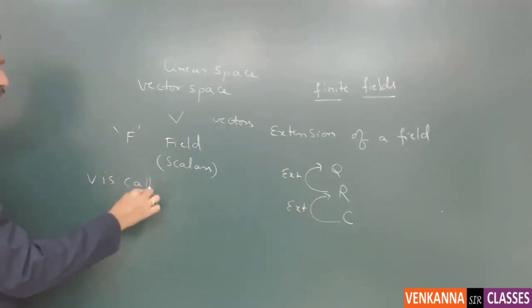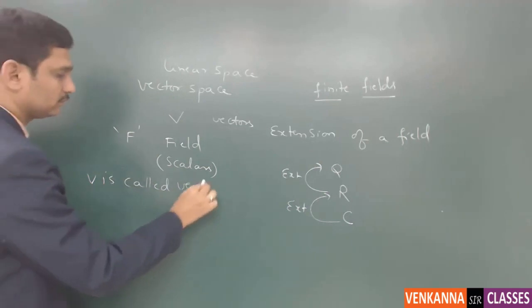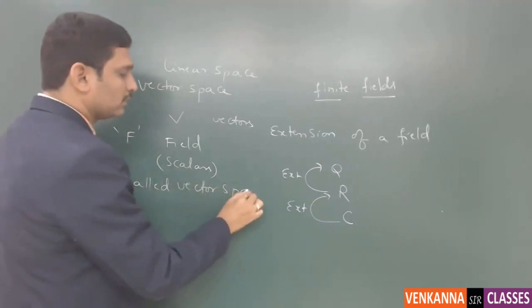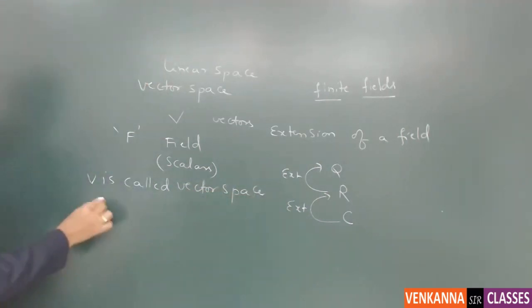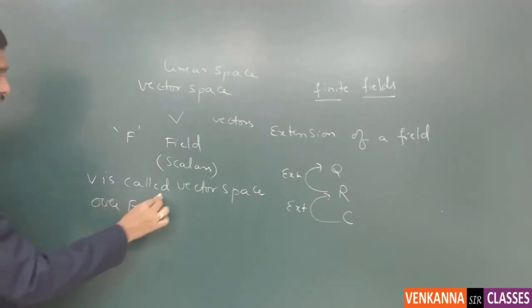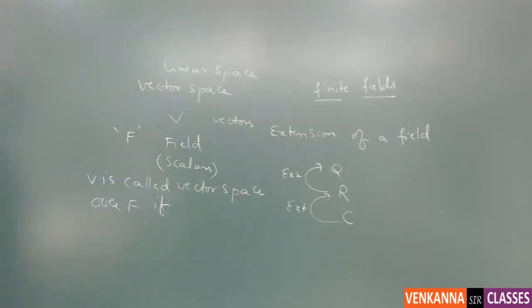V is called a vector space over F if it satisfies the conditions.